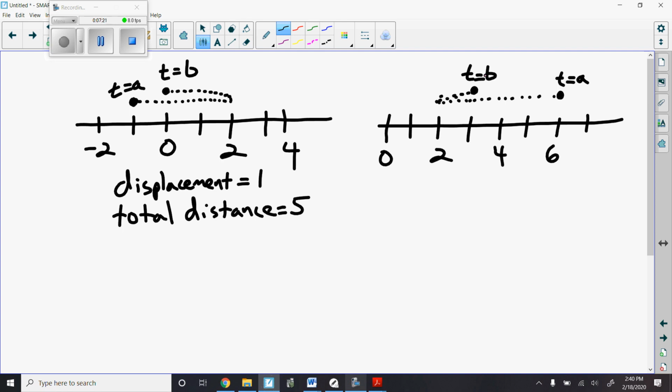Well, I finished 1, 2, 3 to the left of where I started. So my displacement would be -3. My total distance traveled would be, again, 1, 2, 3, 4, 5. My total distance traveled would be 5.